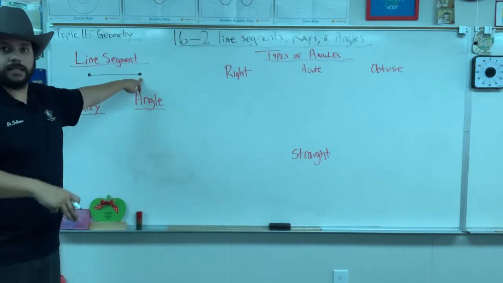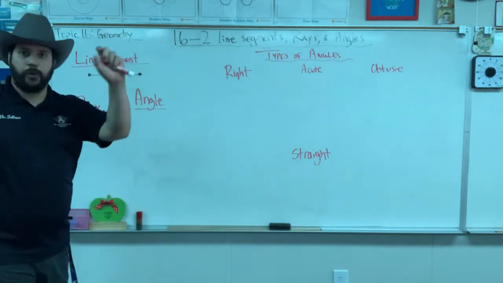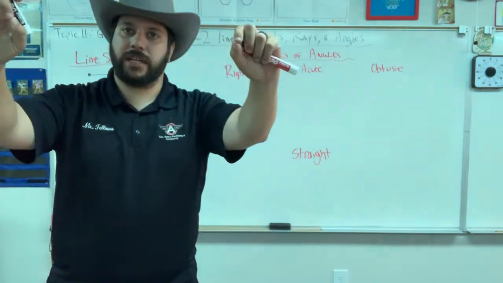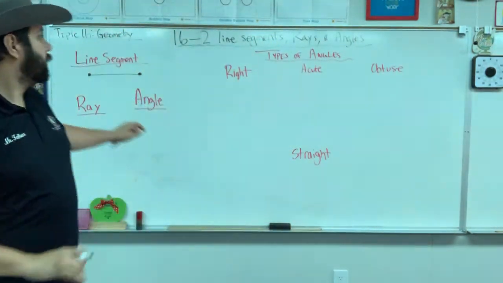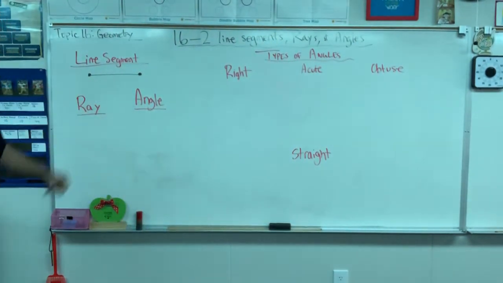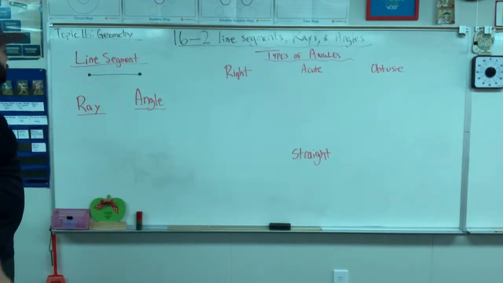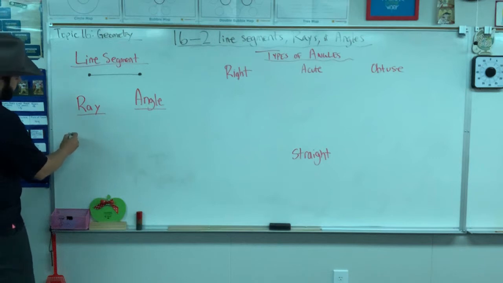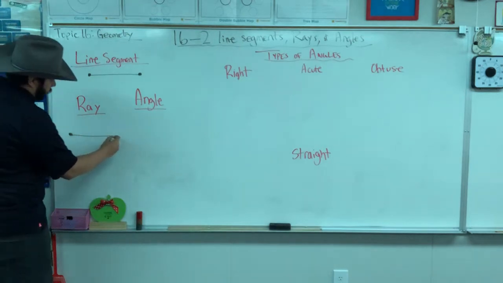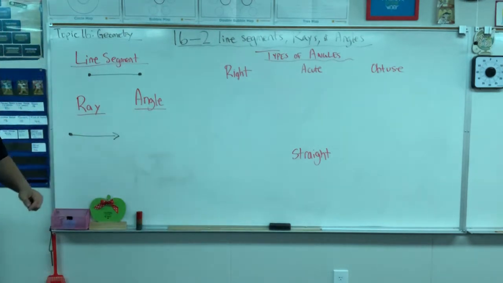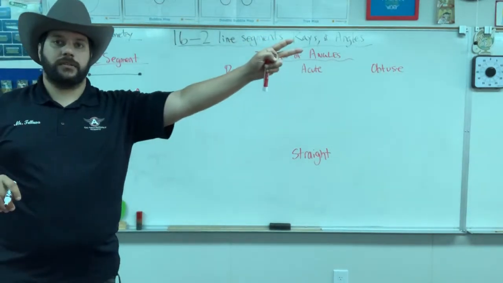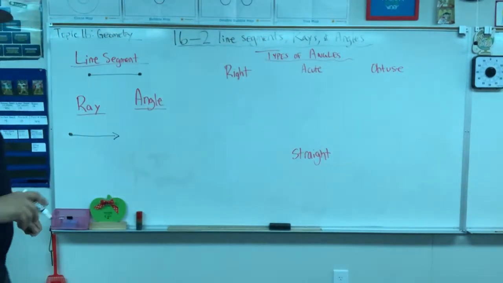Okay, remember points from the last one? So if you take 2 points on a line, and you can imagine kind of pulling it out of that infinite line, that's a line segment, all right? A ray is similar to a line segment, except it has a point on one side, and it continues infinitely on from the other side, all right?